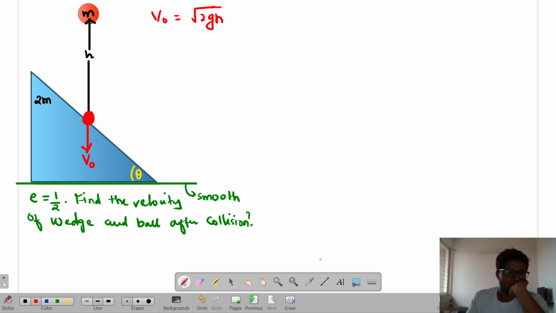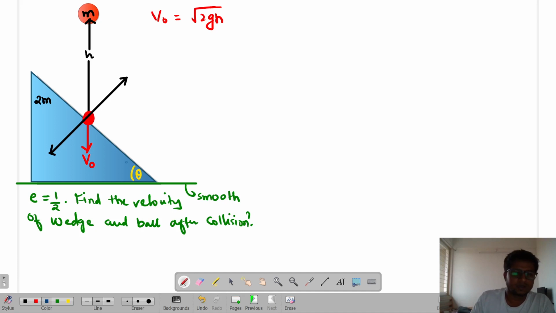But what's my line of impact? Line of impact is this way, isn't it? Perpendicular to the plane of the wedge. That's my line of impact. Yes or no? So we can see that this velocity has two components.